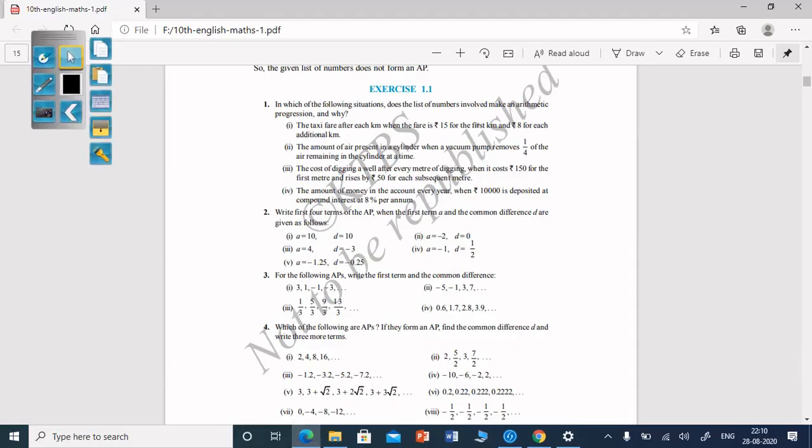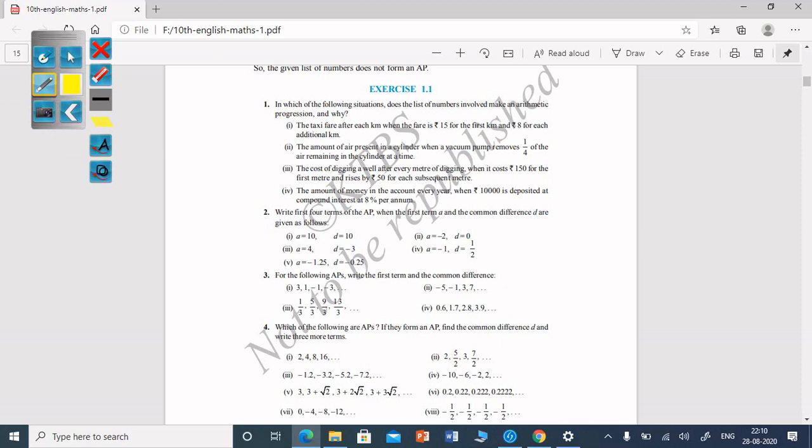See the next question. Read carefully and understand the question. See the amount of money in the account every year.